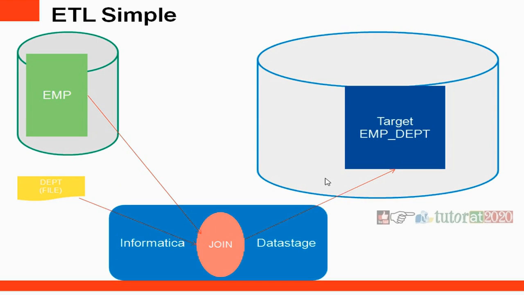So that's what Informatica or ETL software does. First, it will extract the employee data from the database and then bring it to the Informatica server. So the data will get transferred from the database to the Informatica server, or a DataStage server, the ETL server.